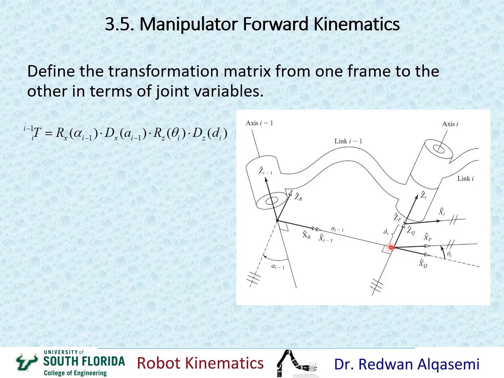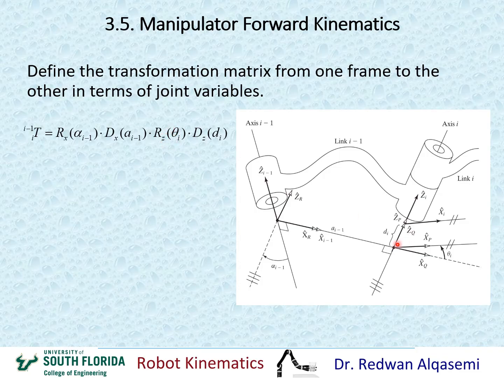Now the next motion I can do is I need to do the rotation to take my x-axis from here to here. Okay, so I need to rotate about the z-axis, z i, by theta i. So I can multiply this by another transformation matrix that includes rotation about z by the amount of theta i, and the translation portion for this one will be 0, 0, and 0.